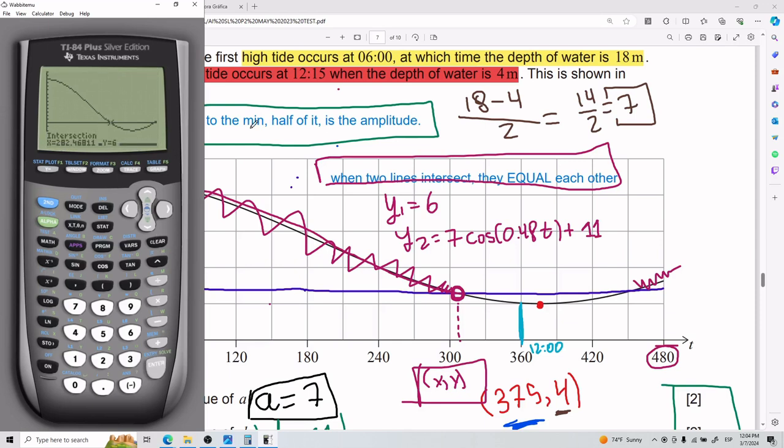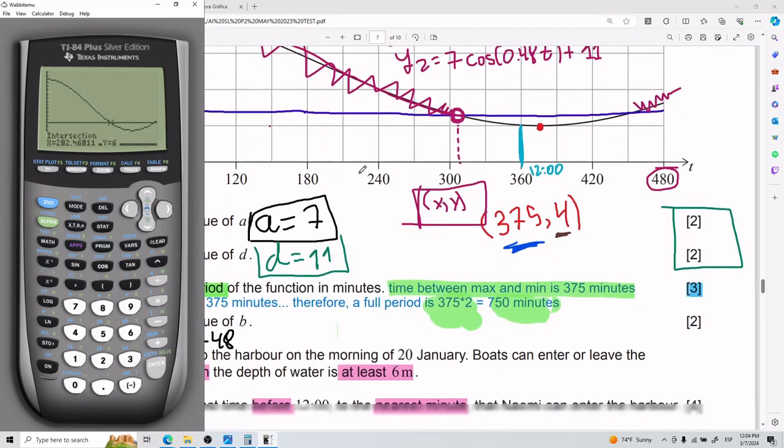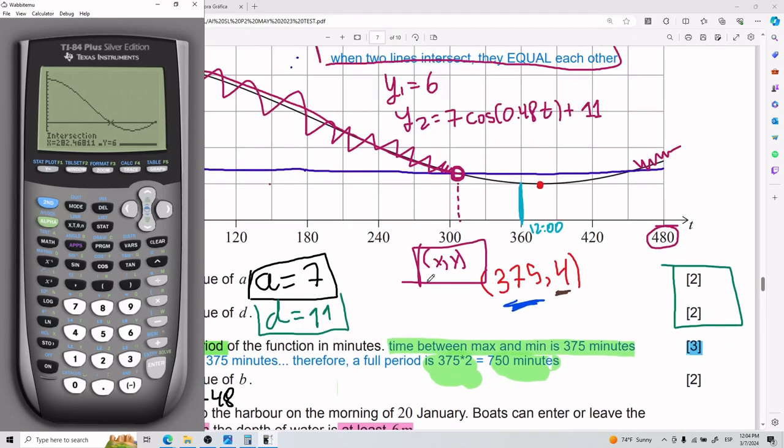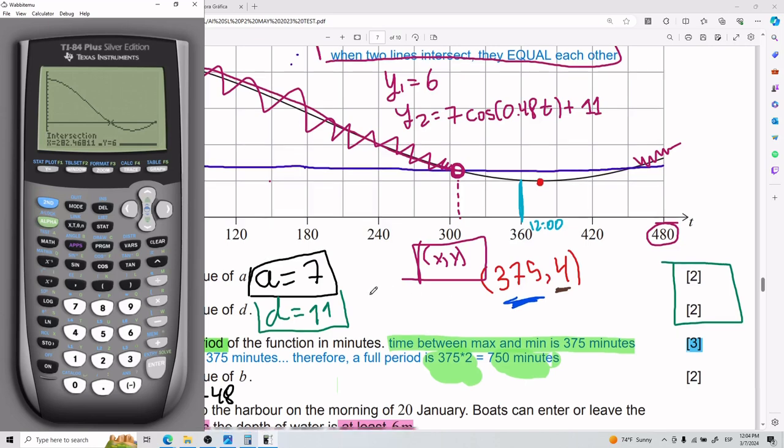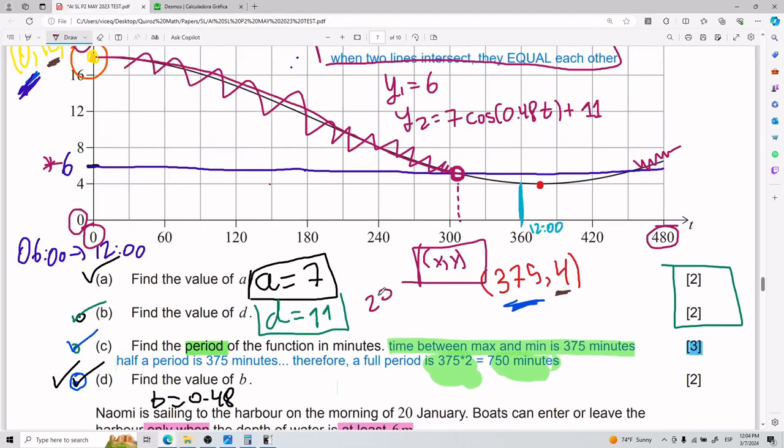Yeah. So that point there is 282.468 minutes, right?